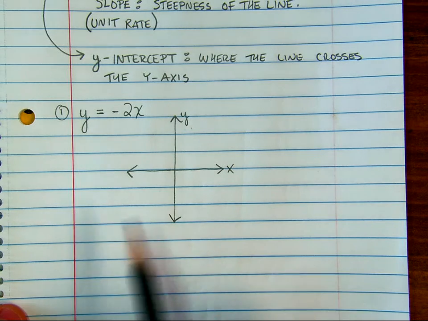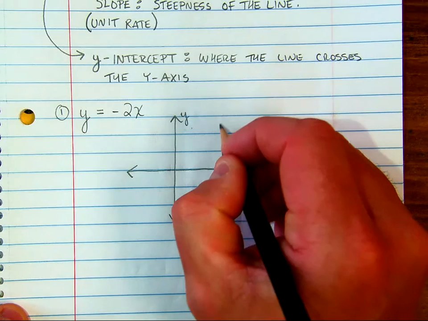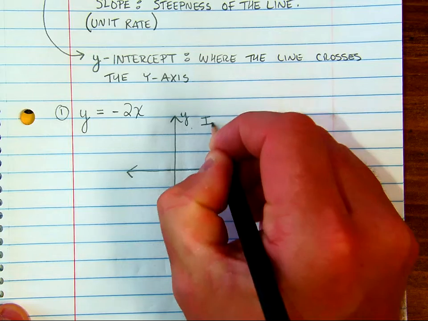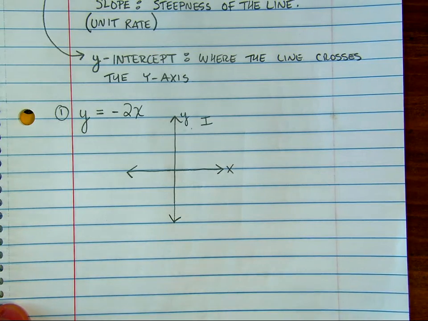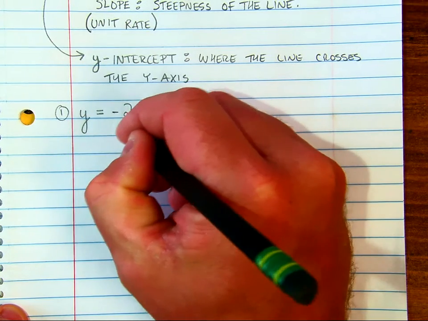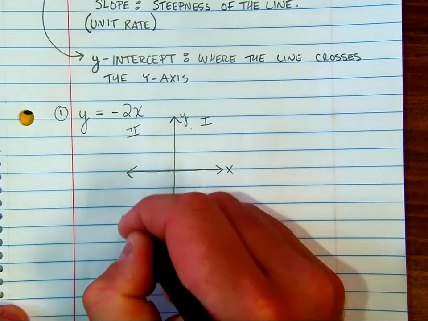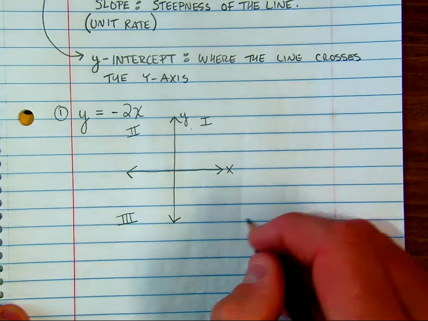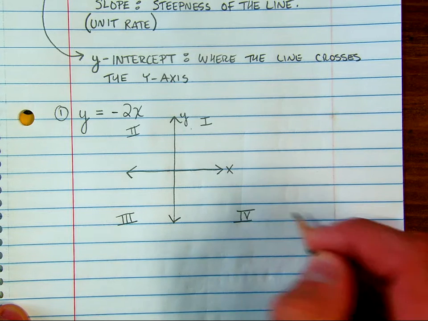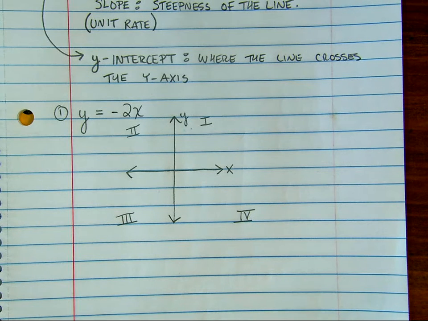Each section is numbered. This is referred to quadrant 1. This is quadrant 2. This is quadrant 3. And this is quadrant 4. They're called quadrants. Quad meaning 4. You have 4 sections.